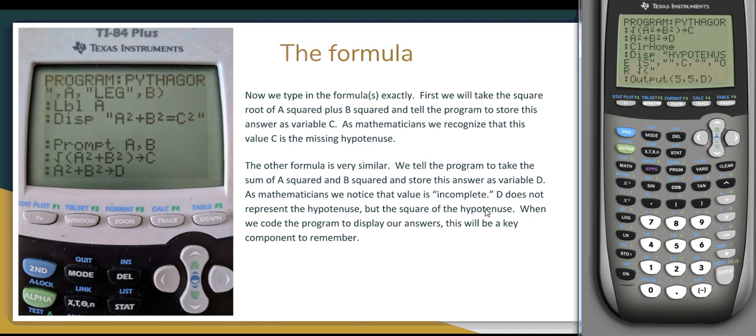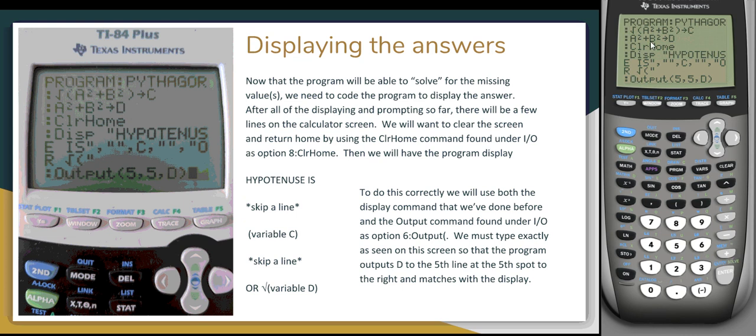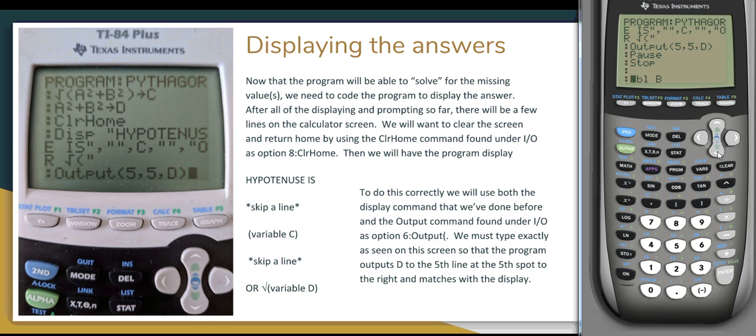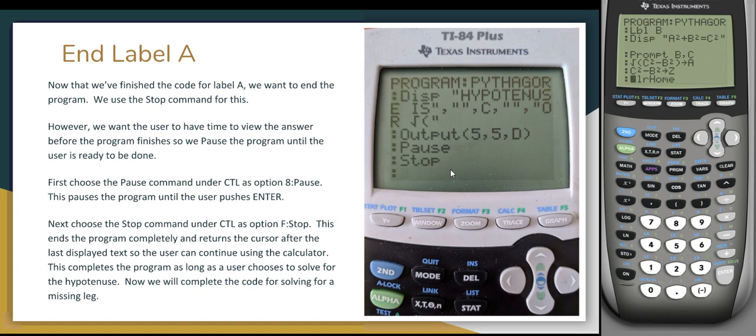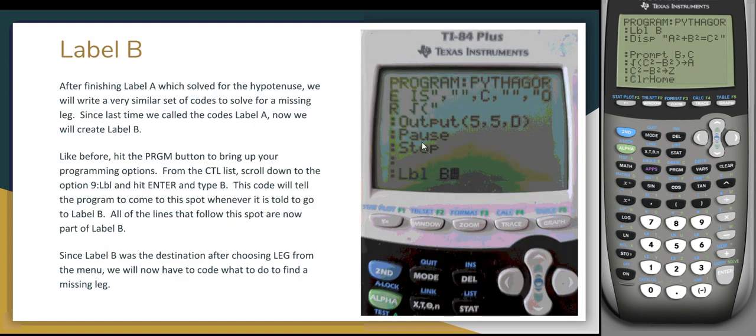Now that it is displaying all of the answers there, I guess C is the only answer, we also want it to output, fifth line, fifth spot, D. So as long as everything is typed in correctly, D will overlay right here, right behind that square root spot. Now that it's displayed all of the answers, we'll have it pause and wait for the user to click enter before going to stop. That will end our program. So that'll end everything on label A.